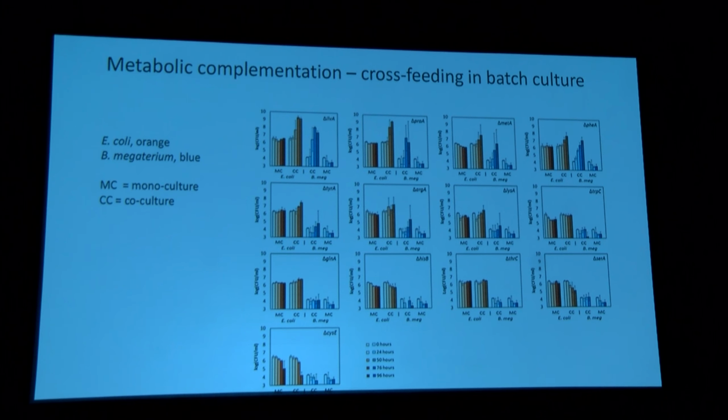We're looking at some other ones. You can see a tiny bit of growth by the E. coli and Bacillus, but certainly not at the levels here. And then in some cases, we see essentially no cross-feeding. One of the interesting things that we found is that the pairs that do or don't work are not necessarily the ones that are found if you look at pairs of E. coli cross-feeding.